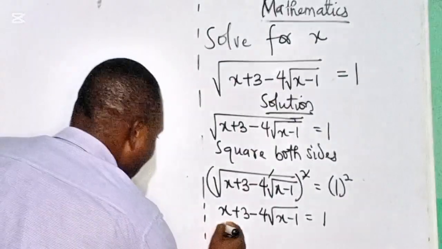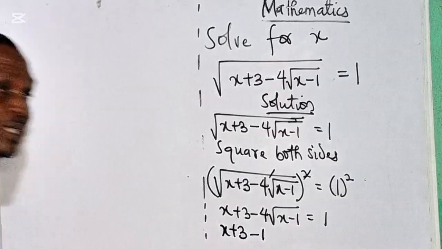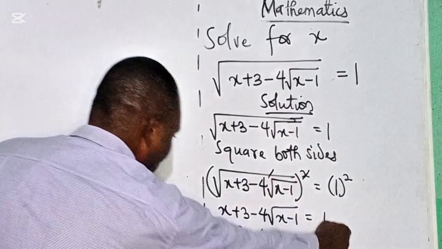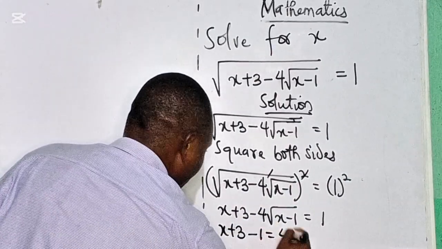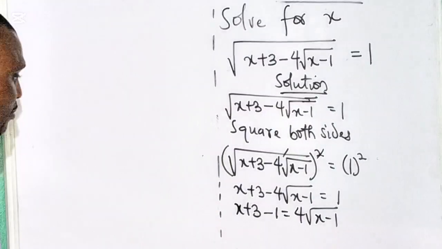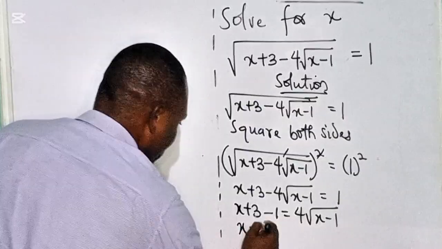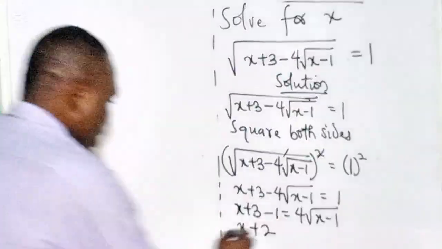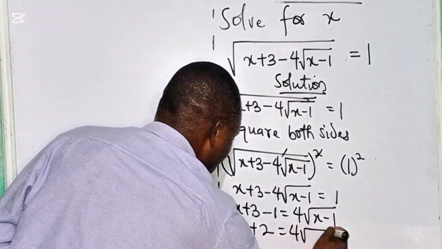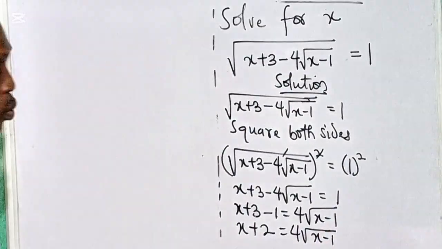So I'll have x plus 3, and if this 1 comes here, minus 1. Is that clear? Now the 4 root x minus 1 goes to the other side, so it becomes minus 4 root x minus 1. Now x plus 3 minus 1 is 2, equals 4 root x minus 1. Now, at this point, what do I do?